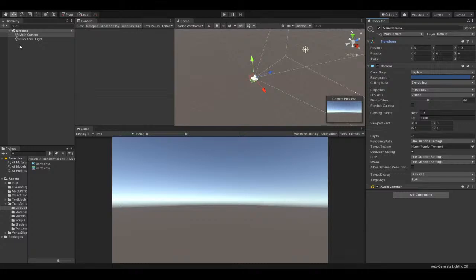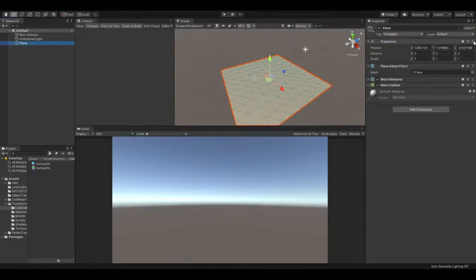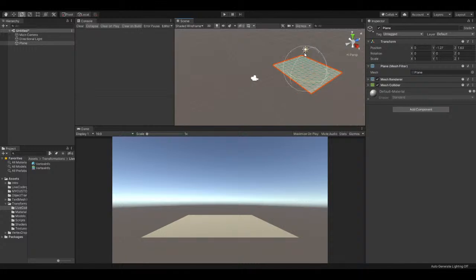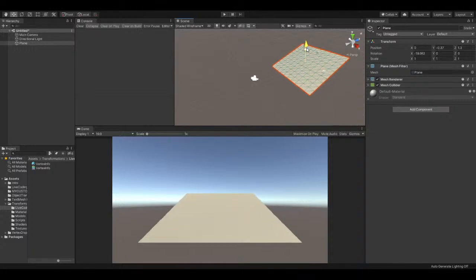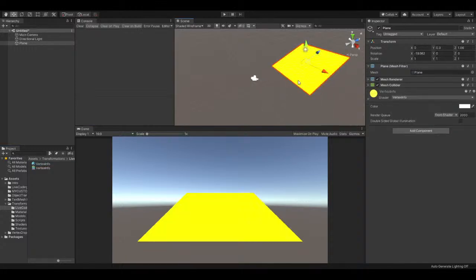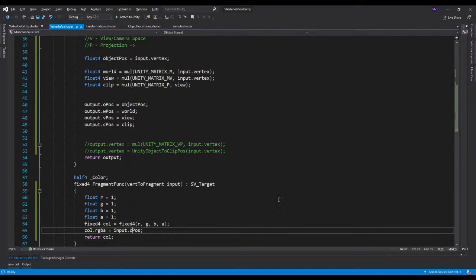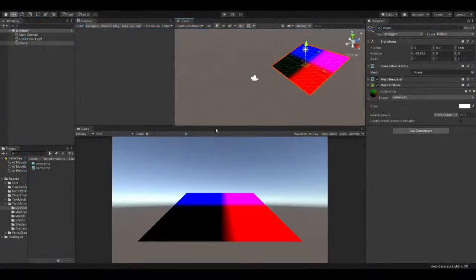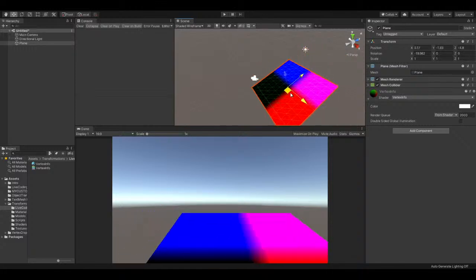All right. I'm going to create a plane because the plane is going to have a lot of vertices in it. So 3D plane, reset, move it right here, rotate it. All right. That's your vertex information shader. And in the vertex information shader, what you want to do is you want to see the object space. That's your object space, guys.